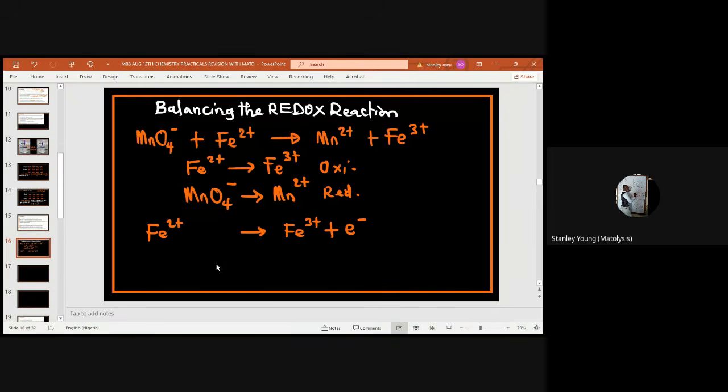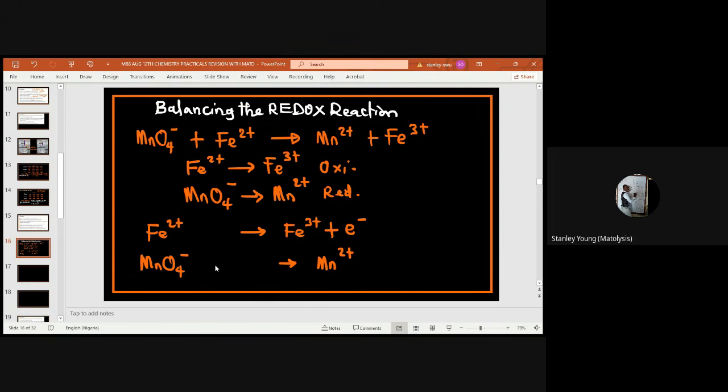So basically you are done with the first half equation. Then let's look at the next half equation, MnO4- to, with a little space, Mn2+. Balance every other atom except oxygen and hydrogen. Every other atom that we have is just manganese. It is balanced. We have 1 mole of manganese on both sides.